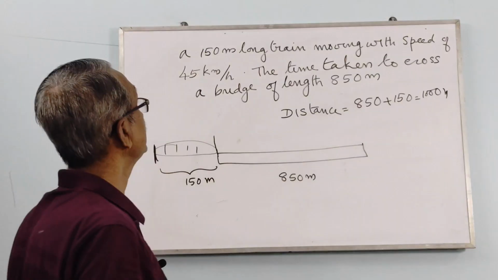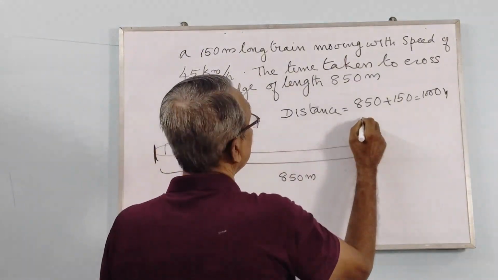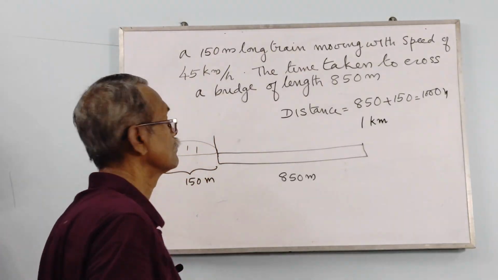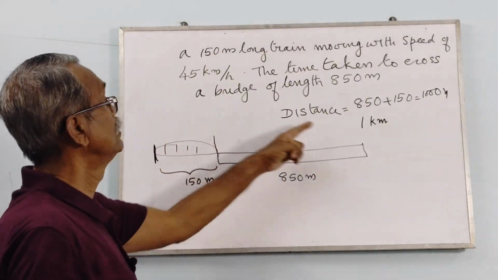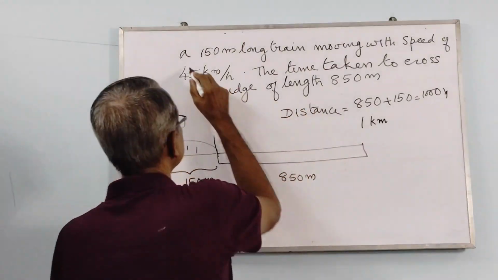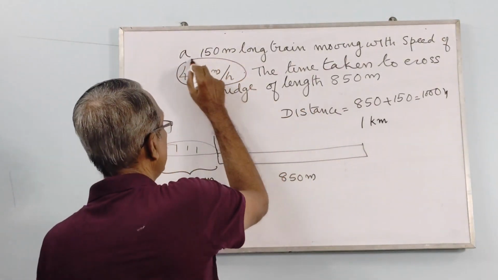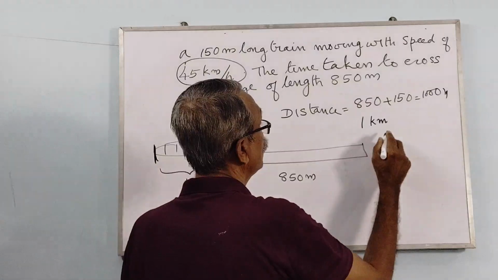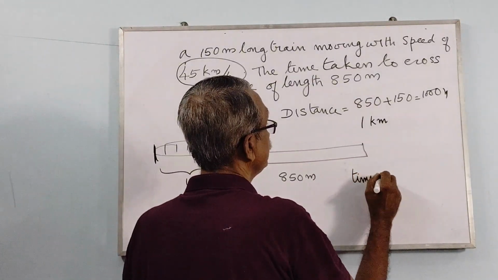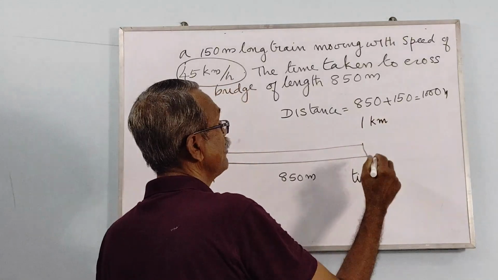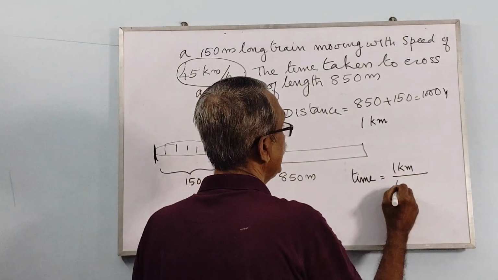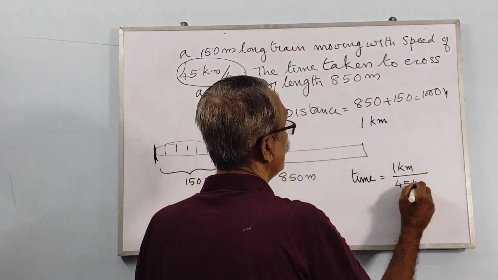That will be 1000 meter, that is 1 kilometer. 1 kilometer it has to cover. The speed is 45 km per hour. Therefore, the time is equal to distance divided by velocity, that is 1 kilometer divided by 45 km per hour.